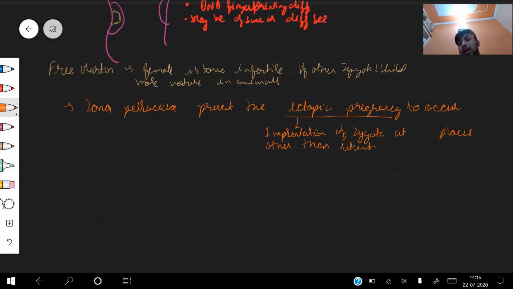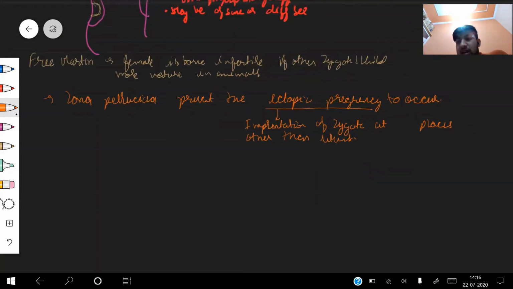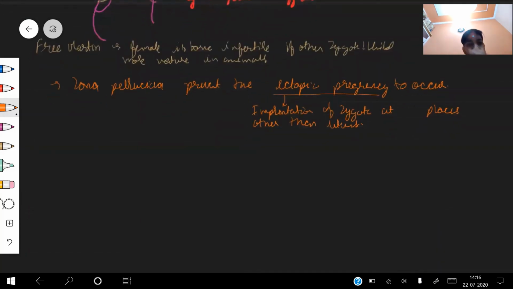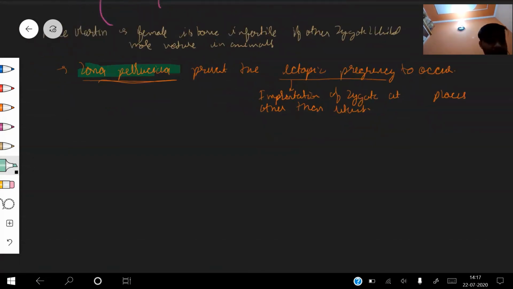It can be in the fallopian tube, or even in some cases in the ampulla of the fallopian tube. The zona pellucida prevents ectopic pregnancy, so it is important for it to be present over the zygote. After blastocyst hatching, it leads to implantation.